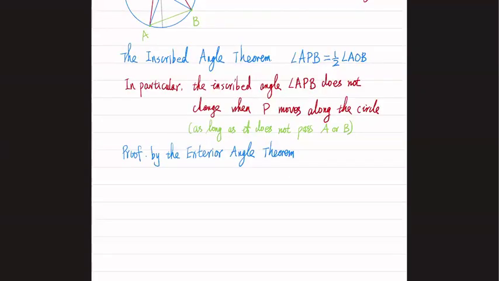Okay, so this inscribed angle theorem is our first theorem about circles, and we will use it repeatedly. The next theorem is the intersecting chords theorem.